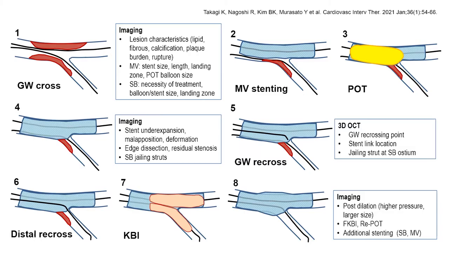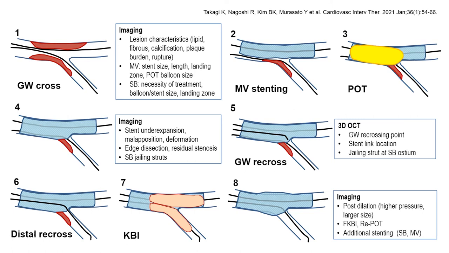This is a scheme of the imaging guidance in bifurcation intervention. In the pre-PCI, imaging in both the main vessel and side branch is necessary for lesion assessment, device sizing, and the decision of side branch treatment. Second imaging is performed after main vessel stenting and subsequent POT to assess stent expansion, malapposition, and jailing strut pattern.